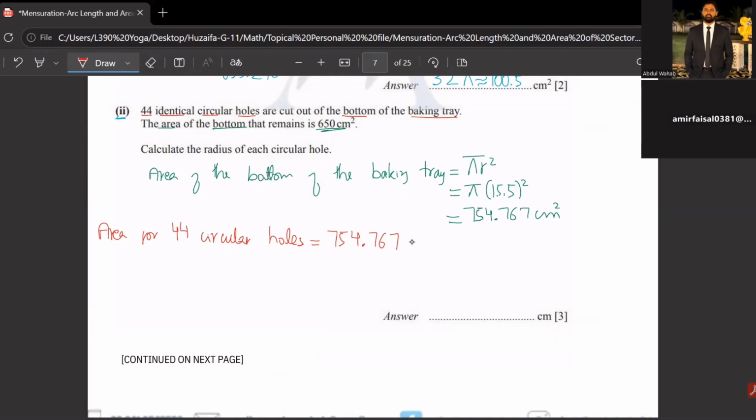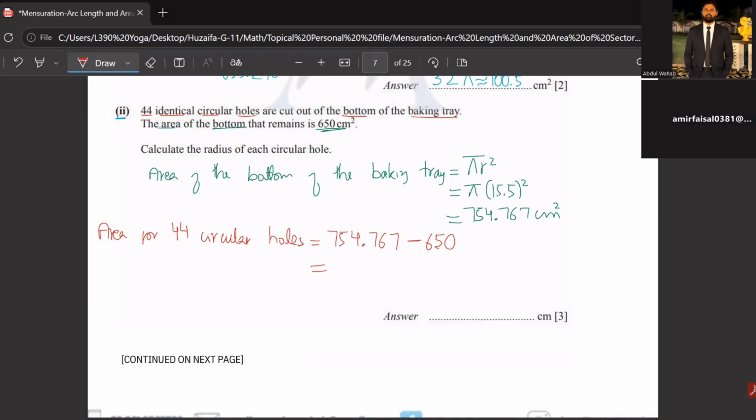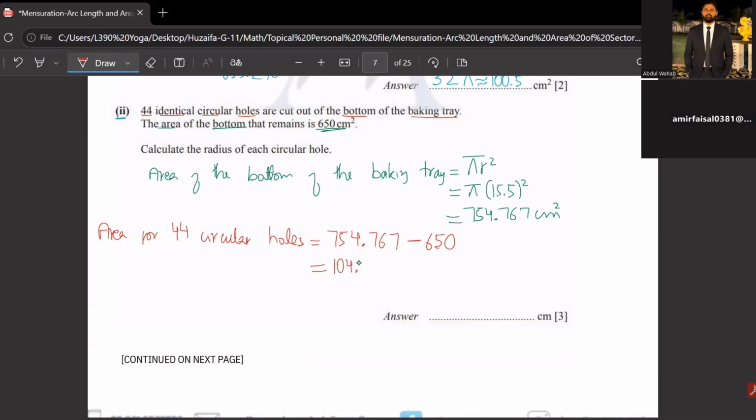We subtract 650, because this area is left after the holes, so we get the area covered by the circular holes. 754.767 minus 650 gives 104.767, which is the area of the 44 holes.